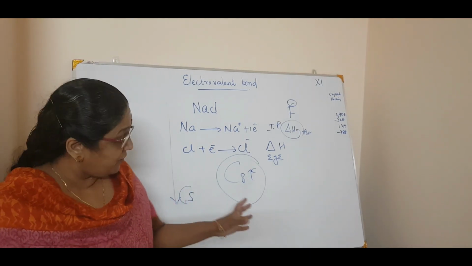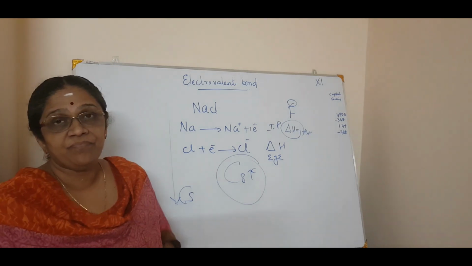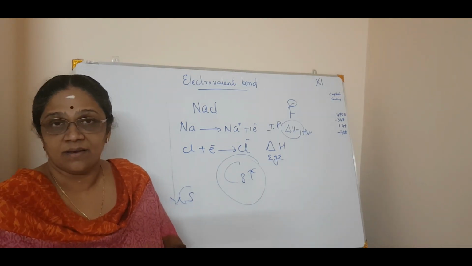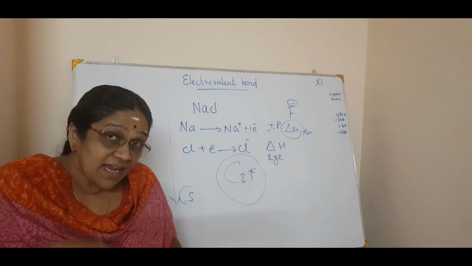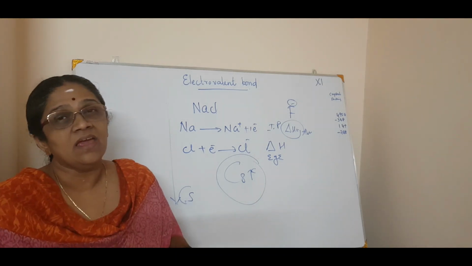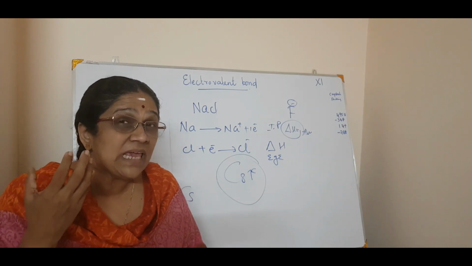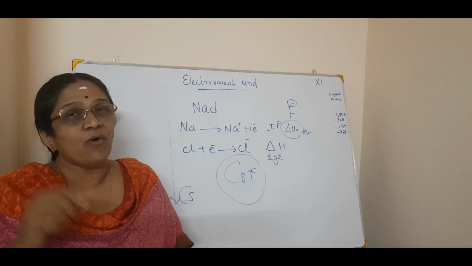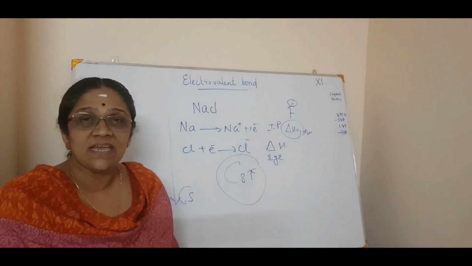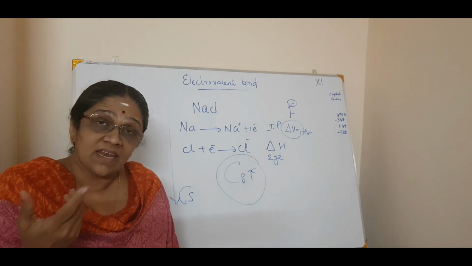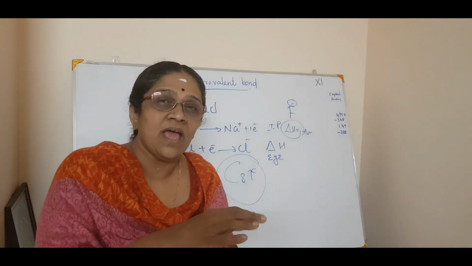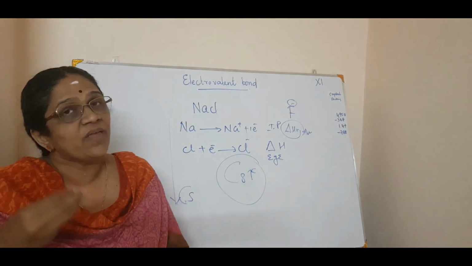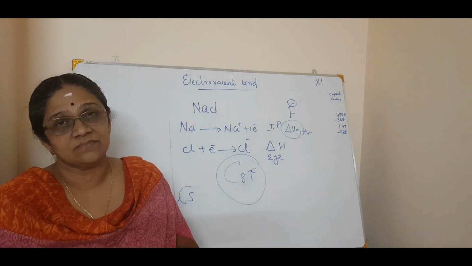Clear? Now, what about cesium? We say it is a metal, isn't it? What about fluorine? We say it is a non-metal. So we can say that an electrovalent bond is generally formed between a metal and a non-metal. In other words, metals normally form the cations and non-metals normally form the anions.